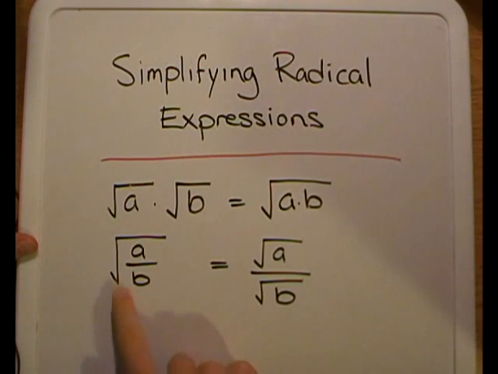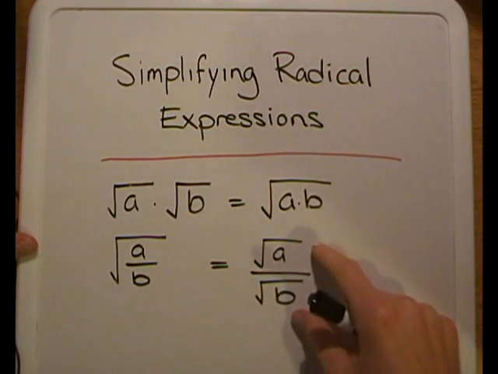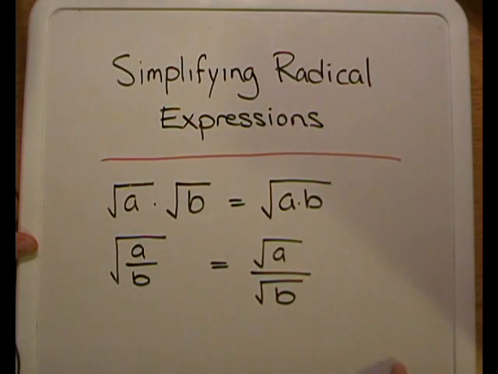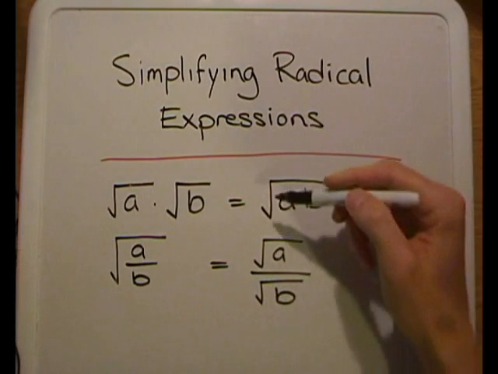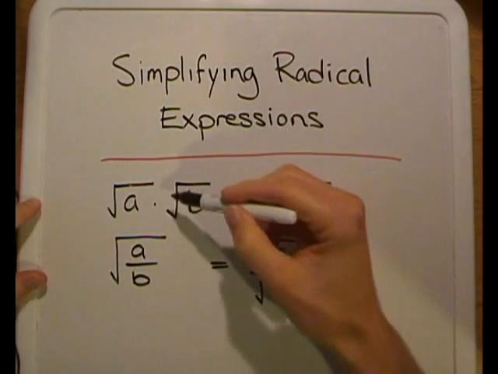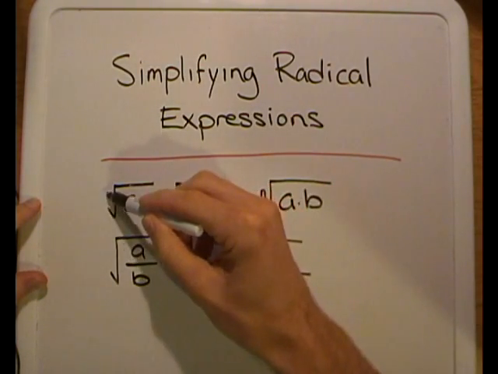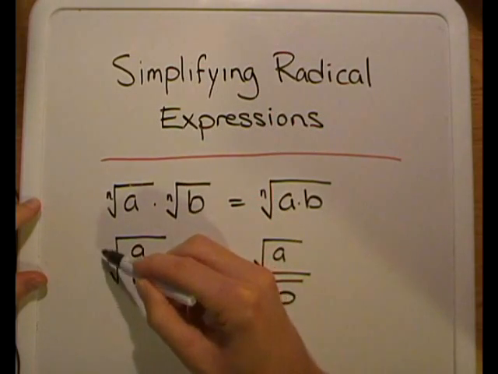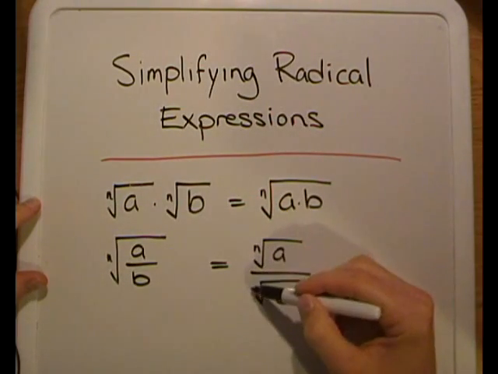The second one is the square root of a over b equals the square root of a over the square root of b. So you can split these two up when you have a fraction inside of a square root. Sometimes in math books you also see an n placed outside of the root. It's the index sign.